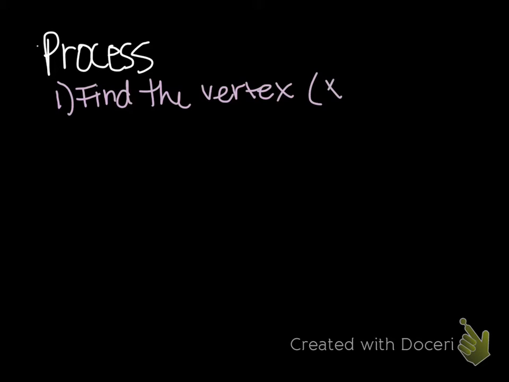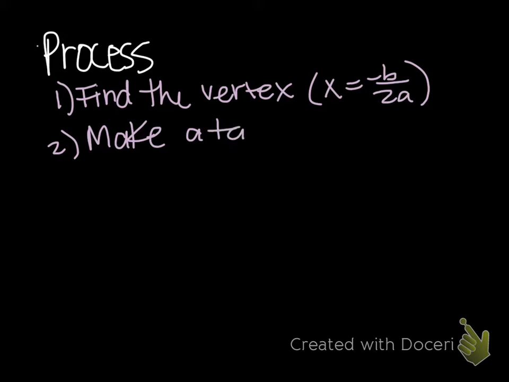As far as the process goes, it's very similar to yesterday's lesson. So step 1 is find the vertex by doing x equals negative b over 2a. Step 2, make a table. Put vertex in the middle.